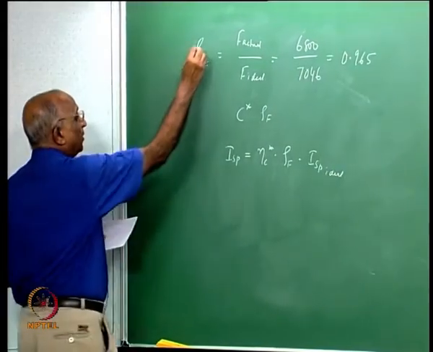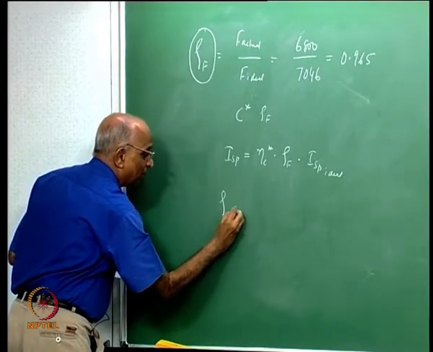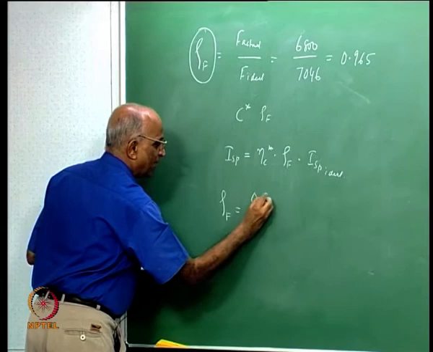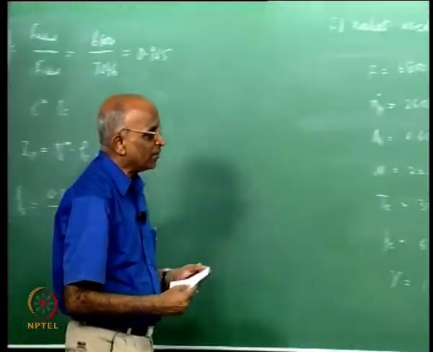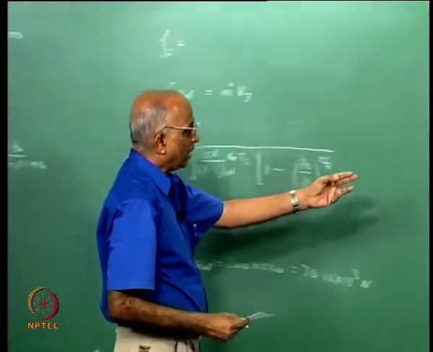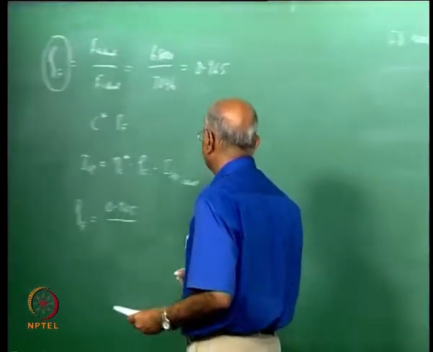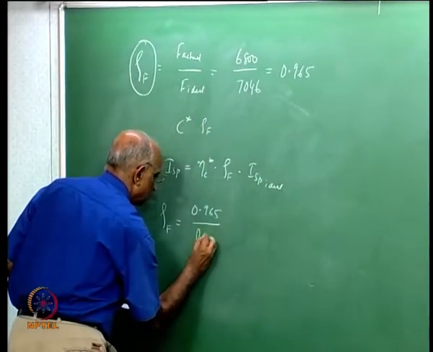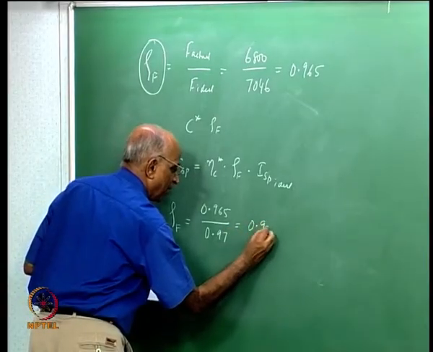Therefore, if I correct for the C star effect, zeta F is equal to 0.965 divided by the C star efficiency, which I got as 0.97. This works out to be 0.995.